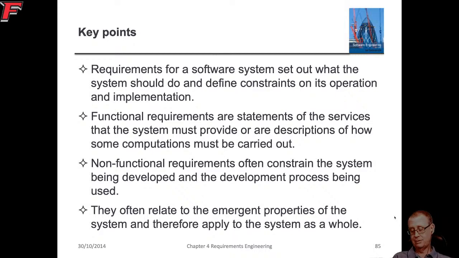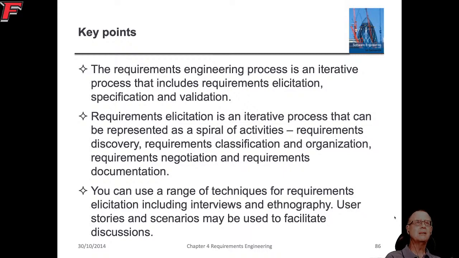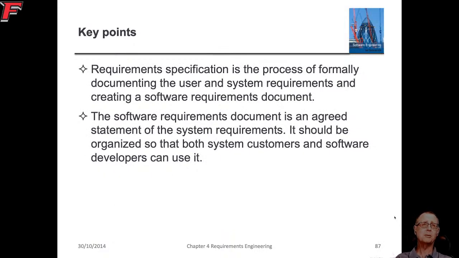There's often emergent requirements as you start thinking about it. Requirements engineering is iterative. You can't just do one hit and it's done. You should use a range of things to find your requirements, not just think about it. You should talk to people.